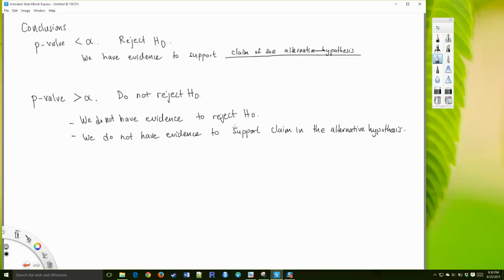Just like the juries, if they choose to not reject the null, they say we find the defendant not guilty. They never say we find the defendant innocent. So you always have to say the defendant is not guilty. So that's that. All right, that's everything.